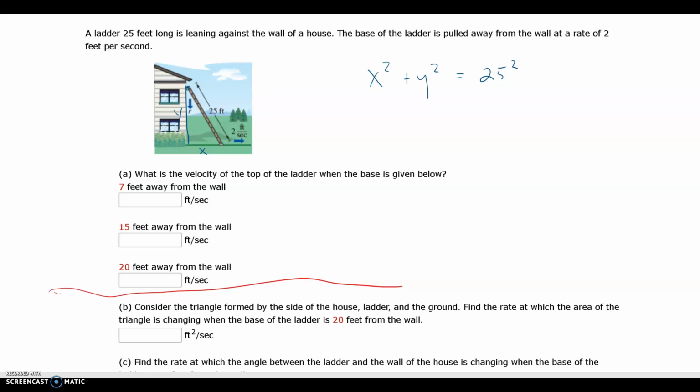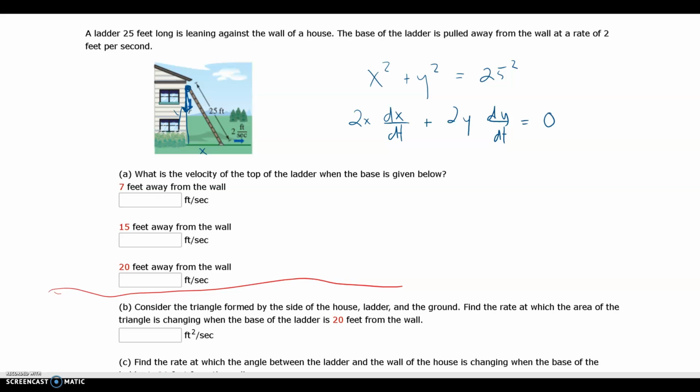So what's the velocity for the top of the ladder? How fast is it moving in the down direction? If we take the derivative with respect to time of both sides of the equation, we should have that, right?